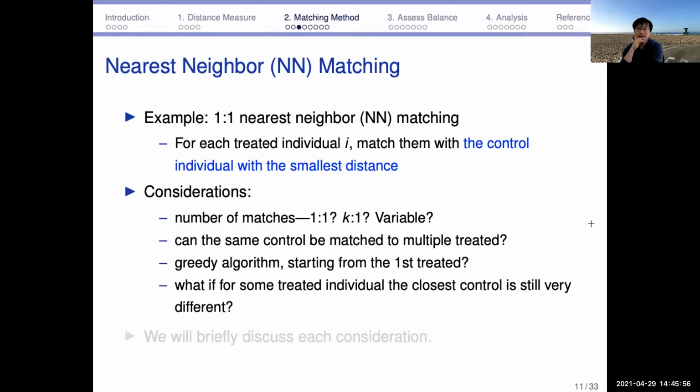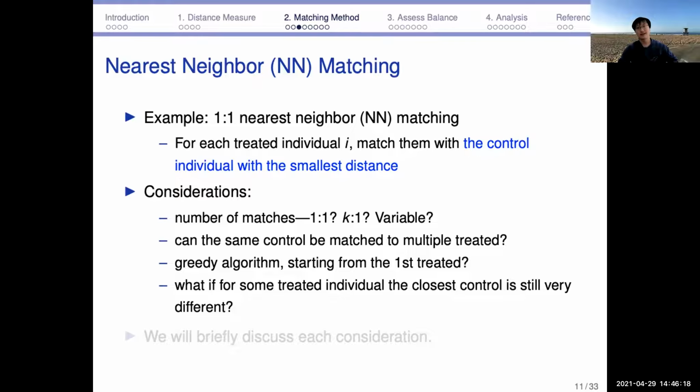The fourth consideration is, what if for some treated individual, the closest control is still very different? Going back to our example, we have this 18-year-old male in the treatment group, and everyone in the control group has age greater than 30.